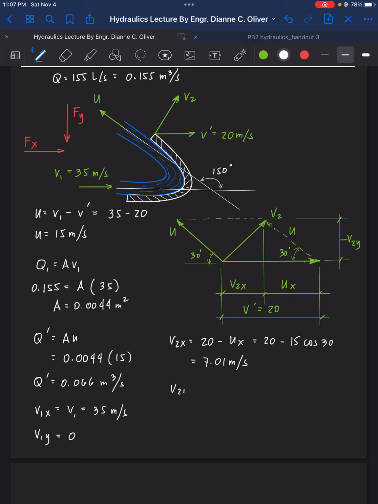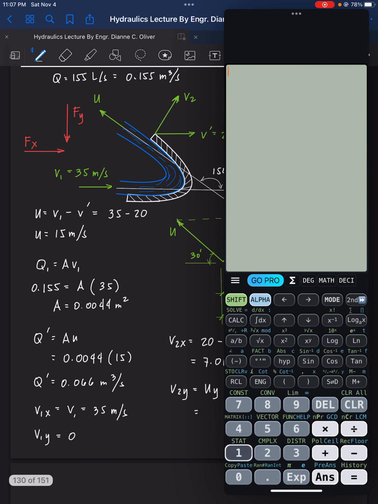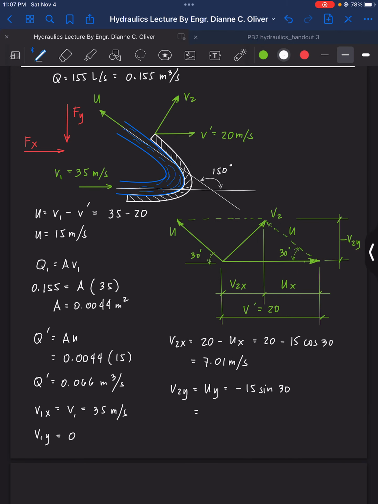Next, our V2y is equal to the uy, that is negative 15 sine of 30. Oops. This is 7.5. It's negative 7.5 meter per second.